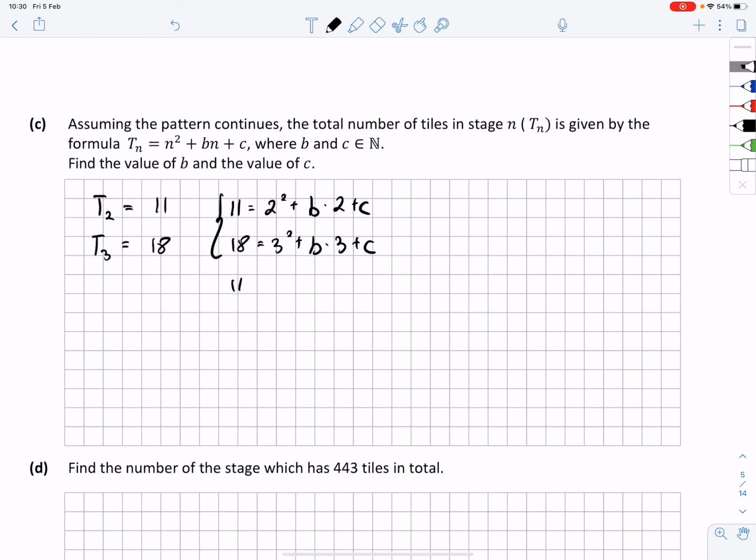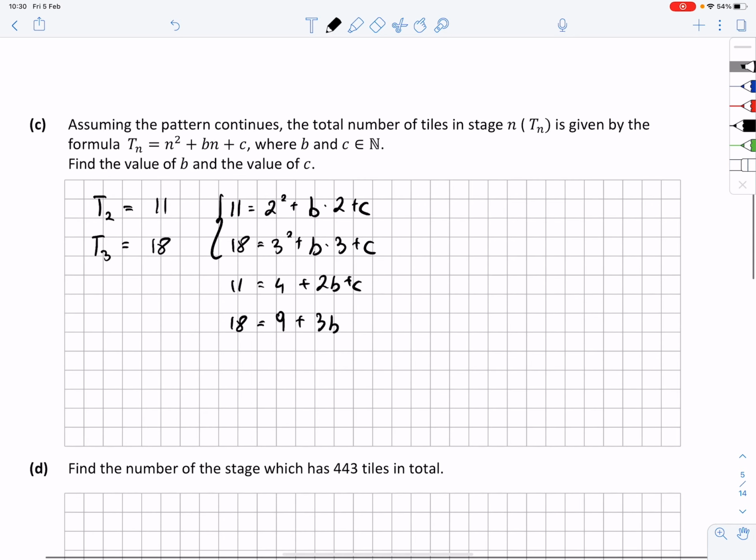So 11 equals 4 plus 2b plus c. 18 equals 9 plus 3b plus c. Simplify further, moving unknowns and knowns to the same side. So I end up with 7 equals 2b plus c, and 9 equals 3b plus c.